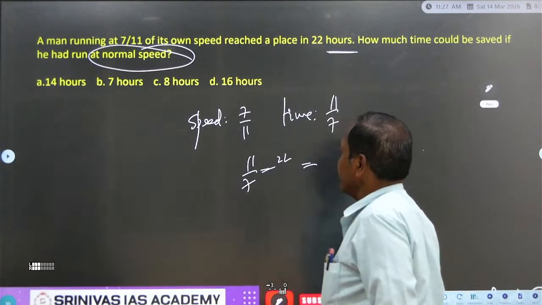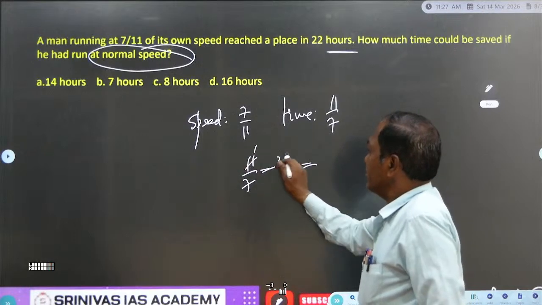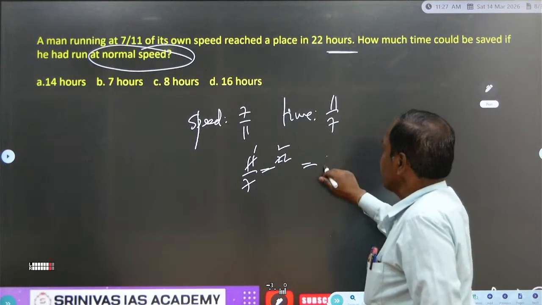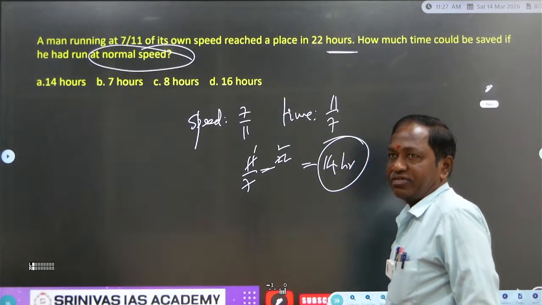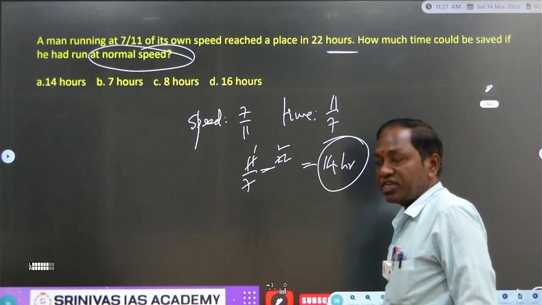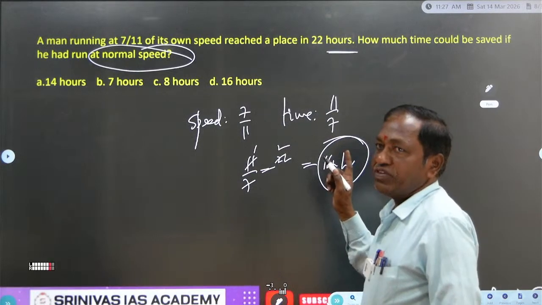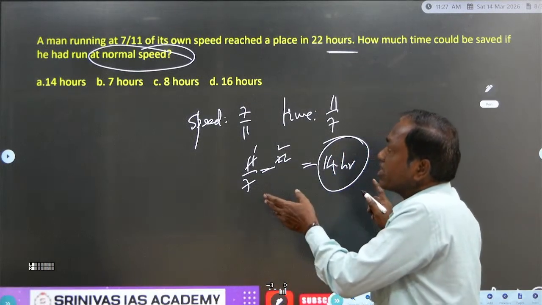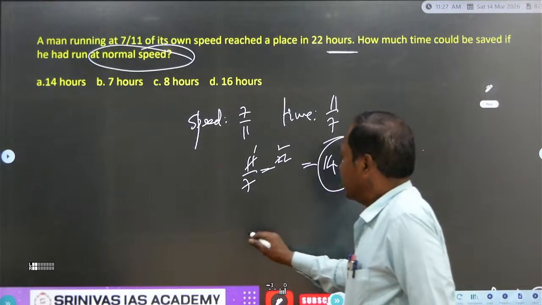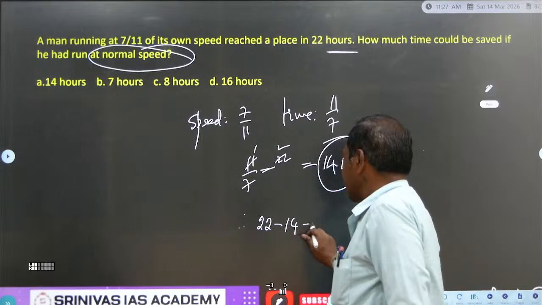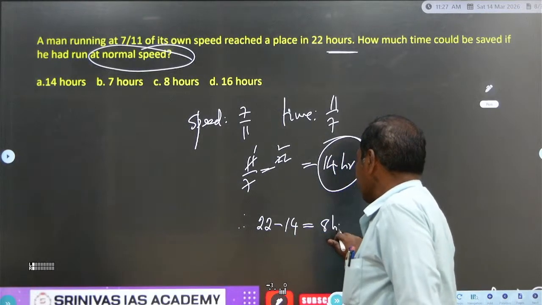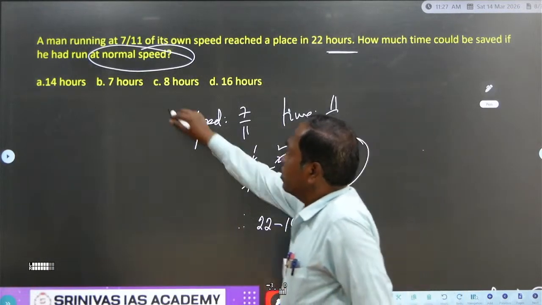Now cross multiply. 11 2s are 22, 2 into 7, usual time is 14 hours. Usual time is 14 hours, but he has taken 22 hours. How much time can be saved? Therefore, 22 minus 14, so 8 hours can be saved. That's the option.